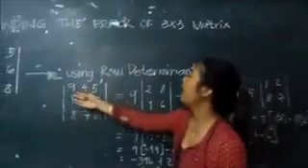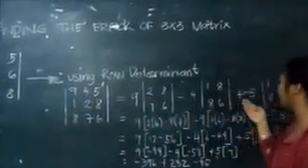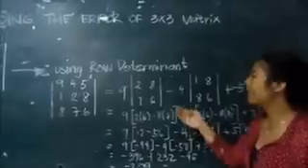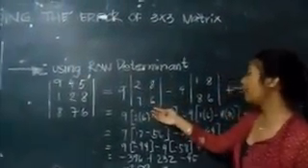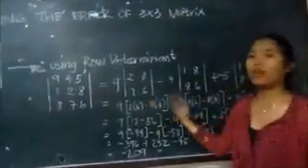So, we have 9, 4, and 5 as the principal minors, and 2, 8, 7, 6, and so on as the cofactors.